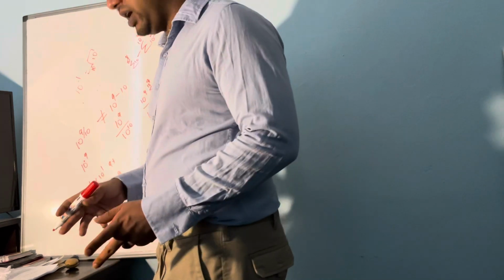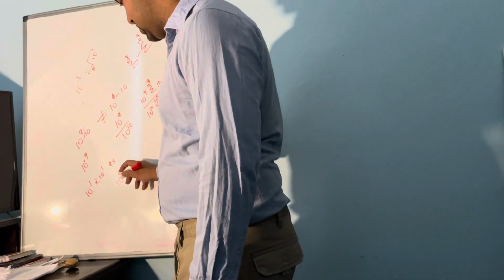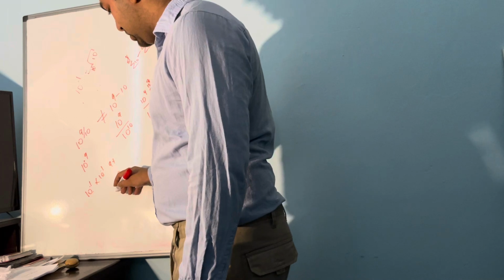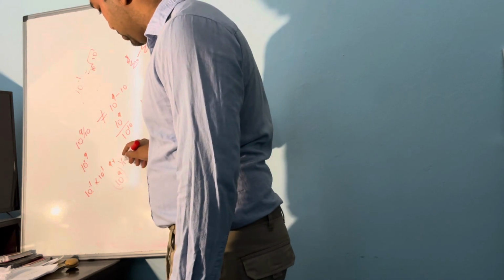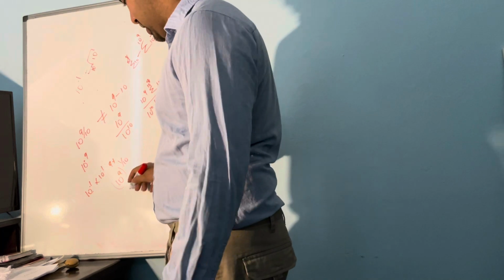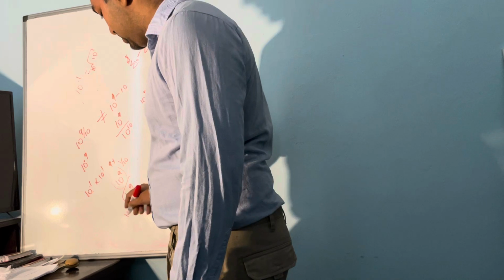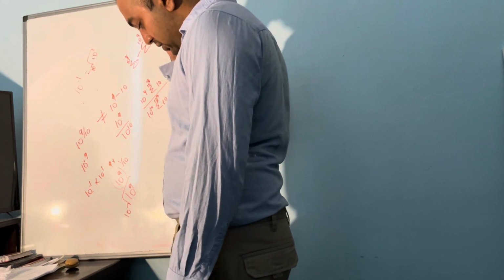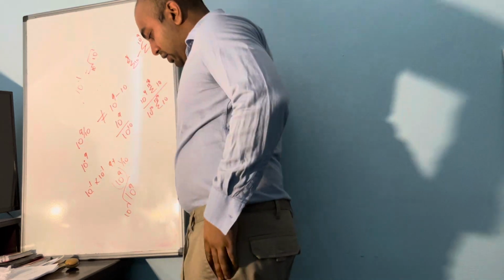This is a second way you could describe this: 10 to the power of 9 to the power of 1 over 10, which is the root of 10. So it's the same as 10 to the power of 9 root 10, the 10th root of 10 to the power of 9.